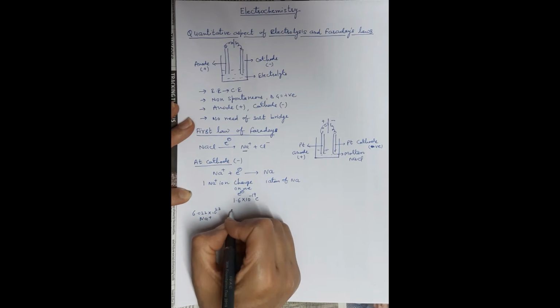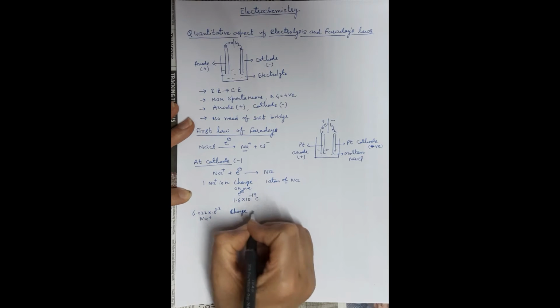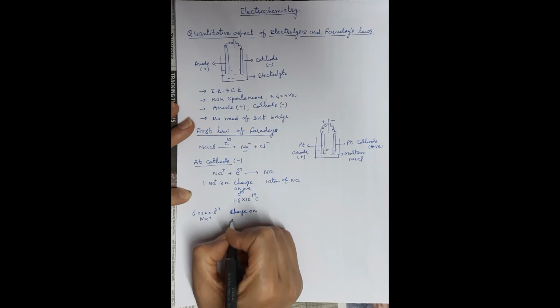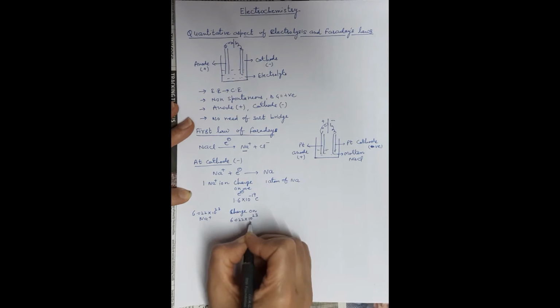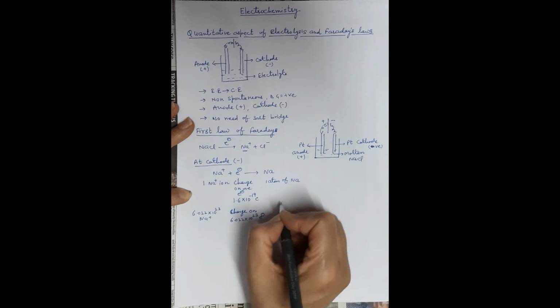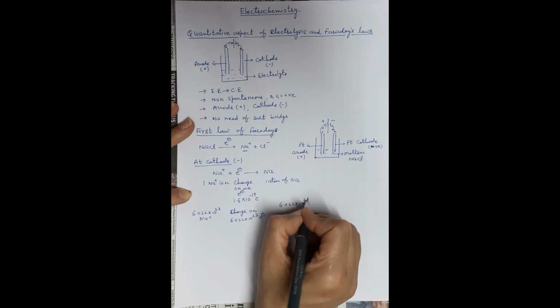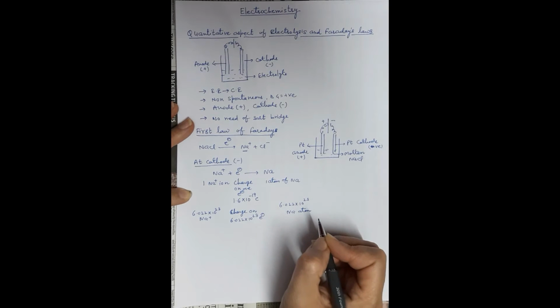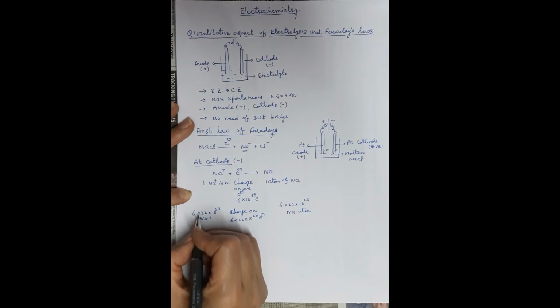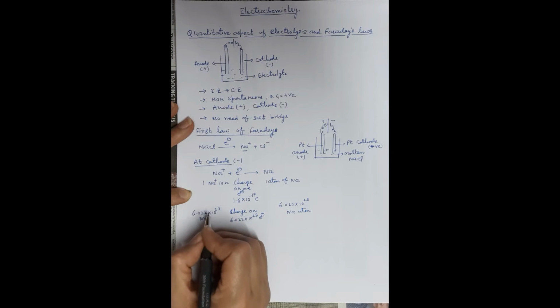You need the charge present on 6.022 into 10 raised to power 23 electrons, and then 6.022 into 10 raised to power 23 sodium atoms will be produced. What is this quantity equal to? This is Avogadro number.